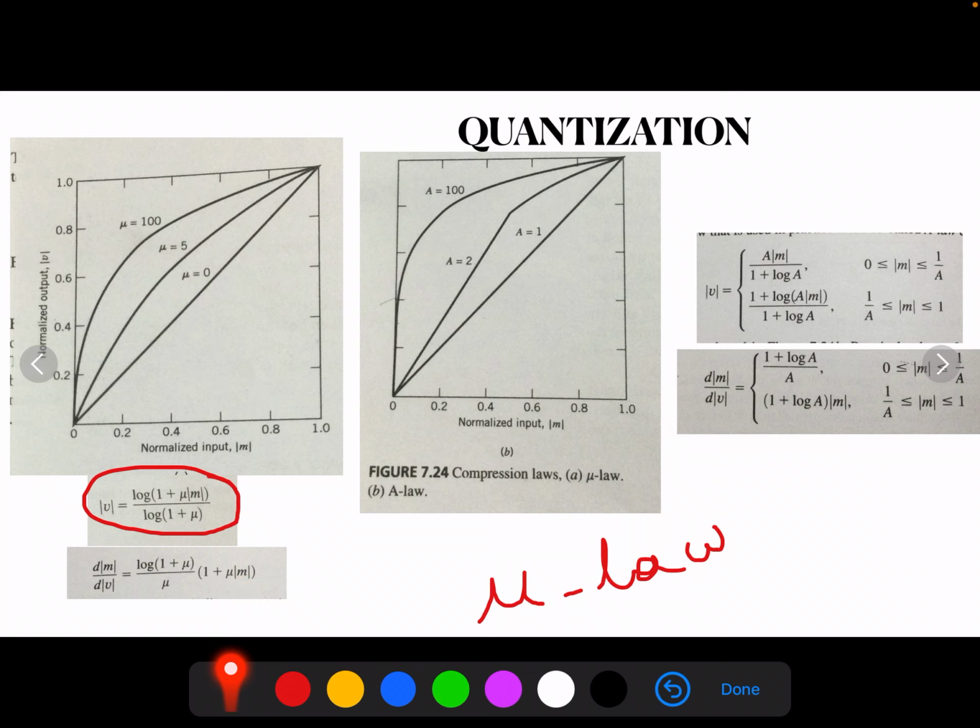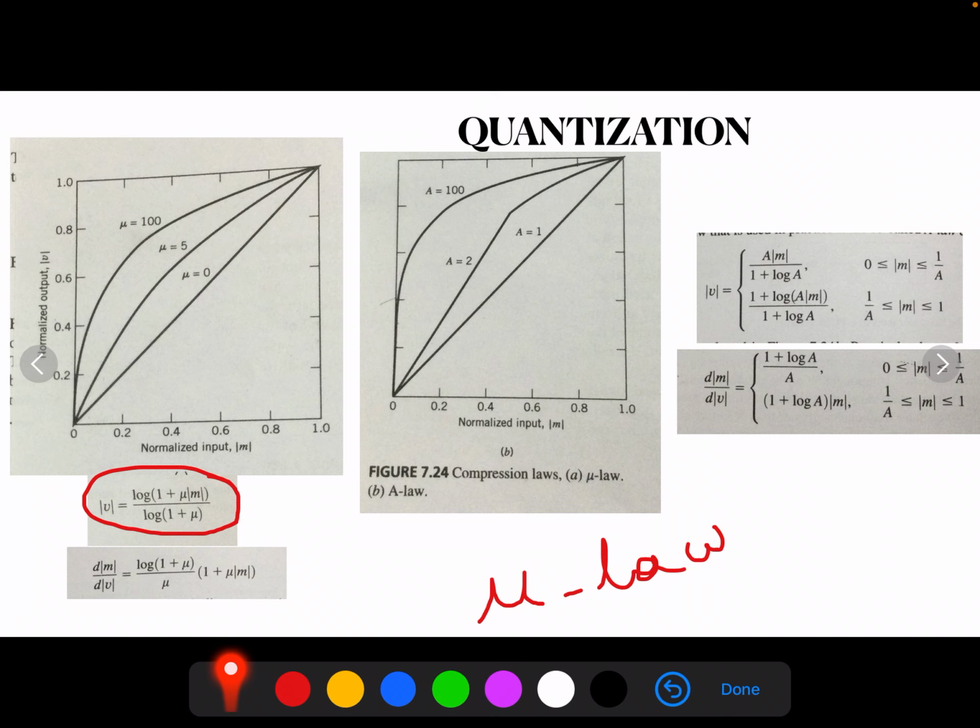The mu law is neither strictly linear nor strictly logarithmic, but it is approximately linear at low input levels, corresponding to mu m less than 1, and approximately logarithmic at high input values, where mu m is greater than 1.